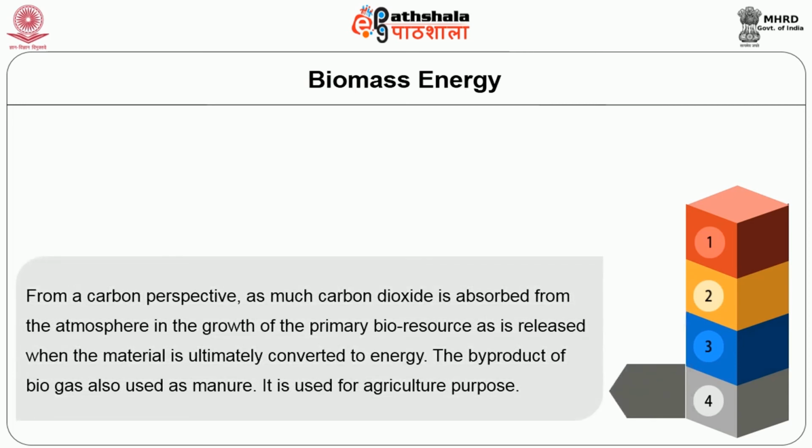From a carbon perspective, as much carbon dioxide is absorbed from the atmosphere in the growth of primary bioresource as is released when the material is ultimately converted to energy. The byproduct of biogas is also used as manure. It is used for agriculture purpose.